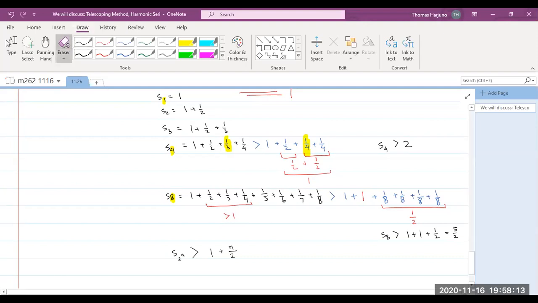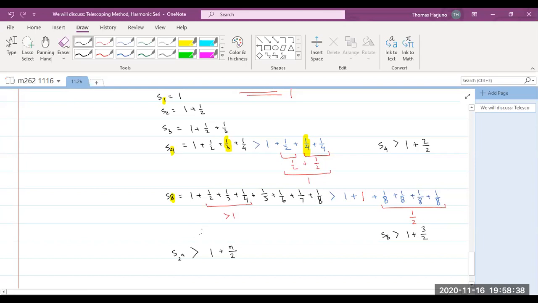Maybe I write it this way. S4 is greater than 1 plus 2 over 2. S8 is greater than 1 plus 3 over 2.